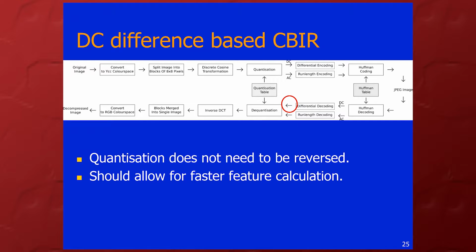So again, less effort in terms of decompressing, and faster. In the end, we don't need to do the dequantization, or undo the quantization, I would say, and therefore we should be able to speed things up further.